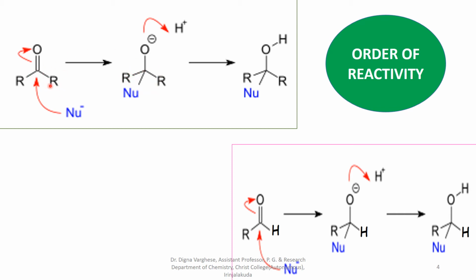As a result, compared to the transition state for an aldehyde, that for a ketone is less stable due to greater steric crowding. Here it is less stable, but there it is more stable. So nucleophilic attack is easier in the case of aldehydes when compared to ketones.